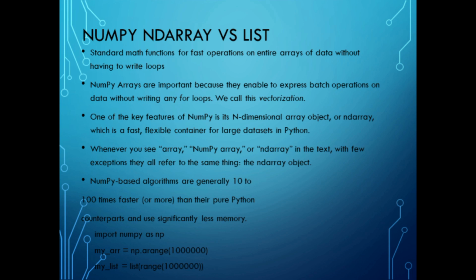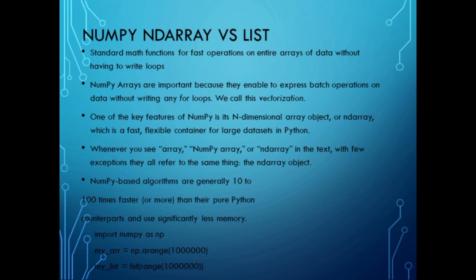This slide shows the comparison between ndarrays versus lists. Standard math functions allow fast operations on the entire array without having to write loops. So there is no need to write loops for NumPy operations.